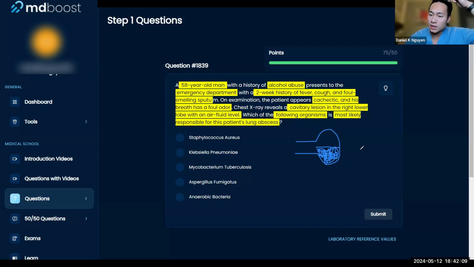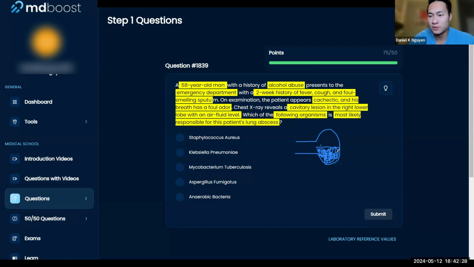When they mean air fluid level, they're talking about either an abscess, like in this instance, an abscess pocket, and air fluid level just supports that even more, that there's liquid that sits at the bottom with air on top.